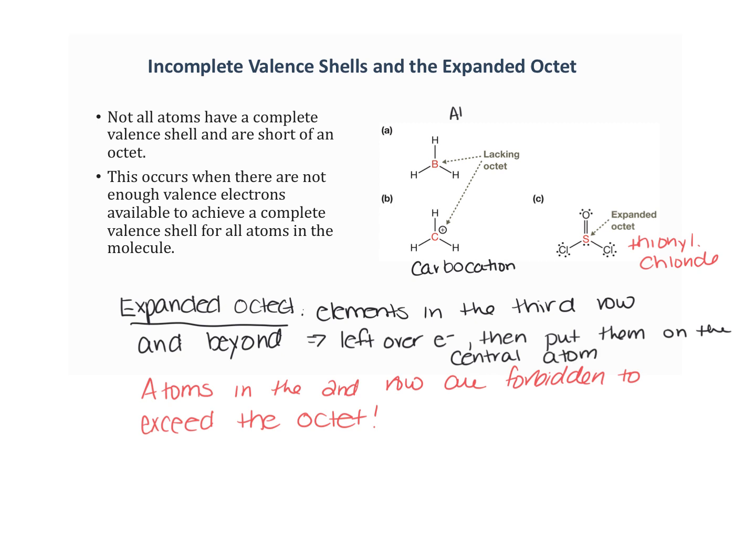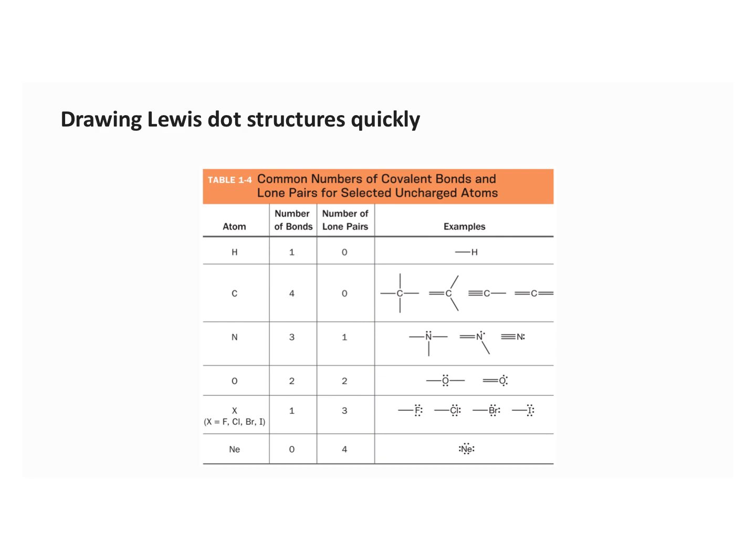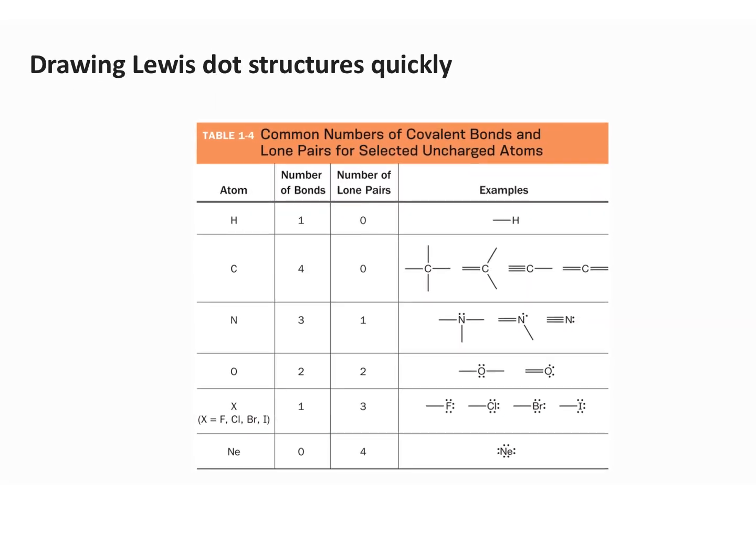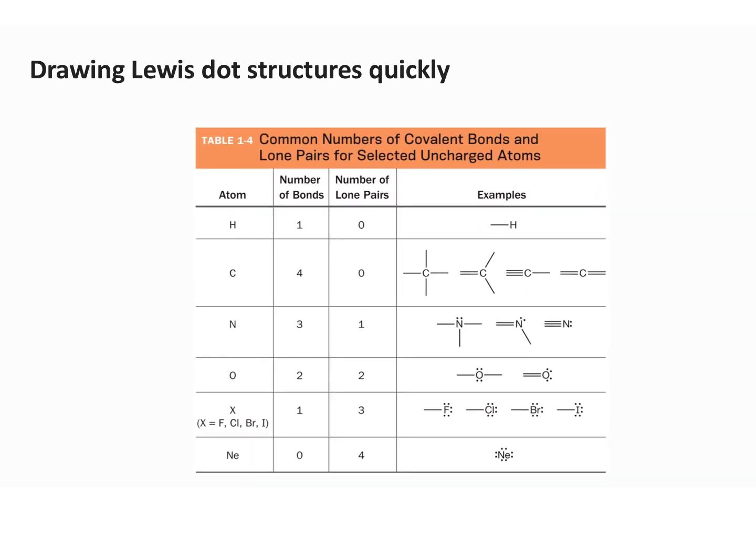So that's a small molecule, we're going to put it on the central atom. But again, you're not going to see that with carbon. Carbon's not going to have an expanded octet. It's a 2nd row element, okay?